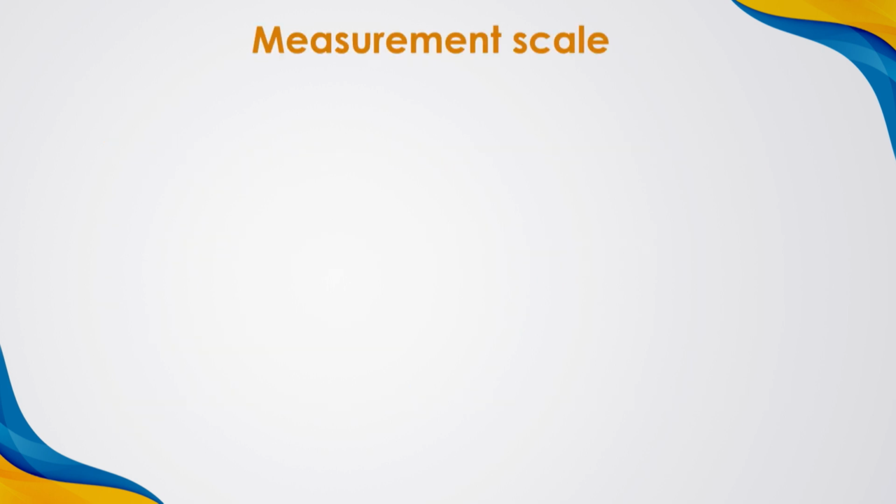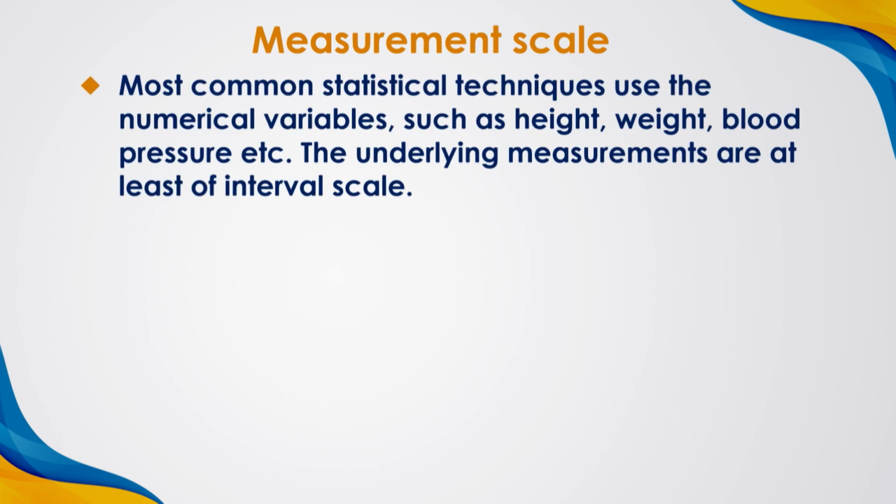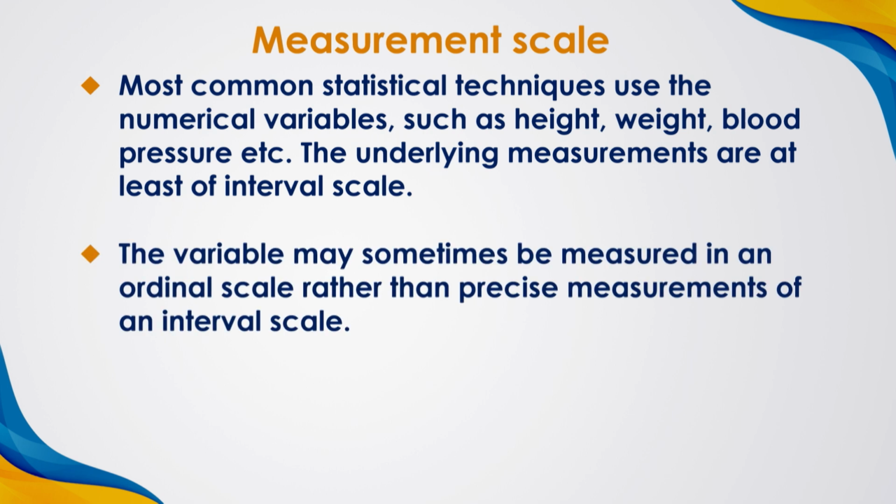Next is measurement scale. Most common statistical techniques use numerical variables such as height, weight, blood pressure, etc. The underlying measurements are at least of interval scale. The variables may sometimes be measured on an ordinal scale rather than precise measurements of an interval scale.